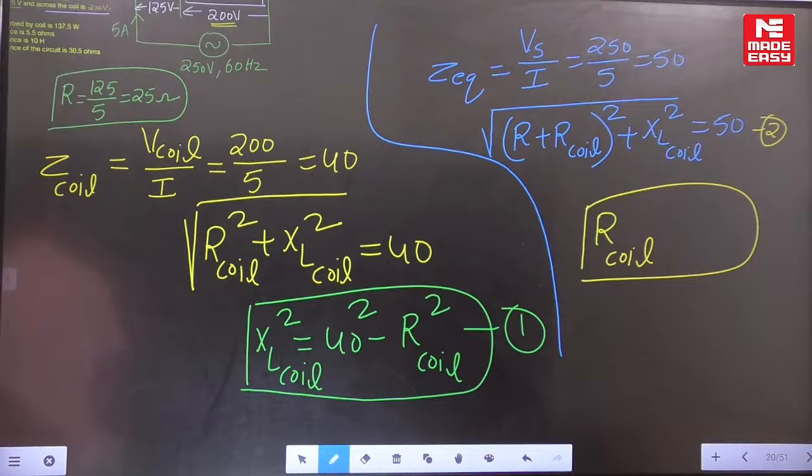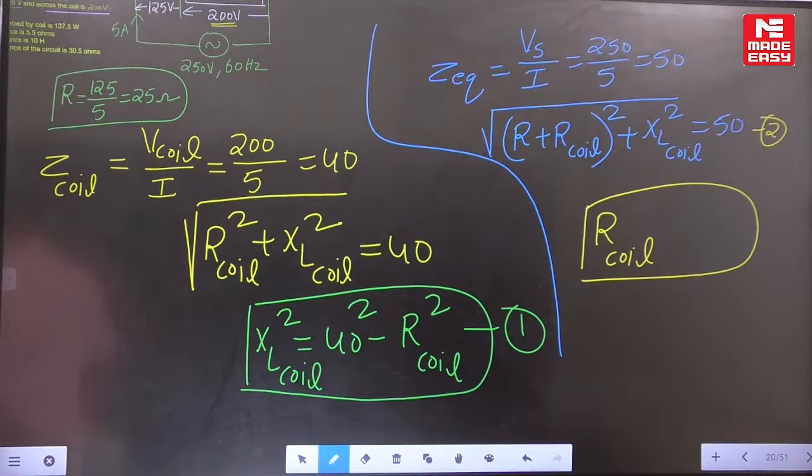Can you find out the resistance of the coil? Check it. Anybody answers? Substitute equation 1 and R equal to 25 ohms into equation 2. Simplify and give the answers.